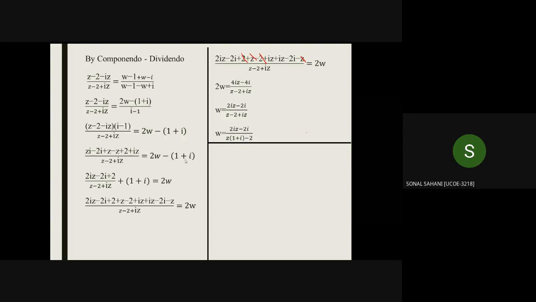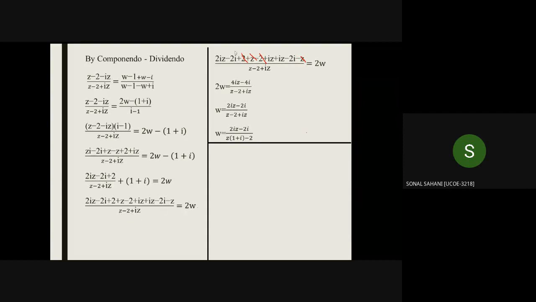Now you can see the term minus 1 plus i we will take to the left hand side, as we have to keep w on one side. Therefore, (2iz minus 2i plus 2) upon (z minus 2 plus iz) plus 1 plus i is equal to 2w. Now solving the equation, we get (2iz minus 2i plus 2 plus z minus 2 plus iz minus 2i plus... minus z) upon (z minus 2 plus iz) is equal to 2w.